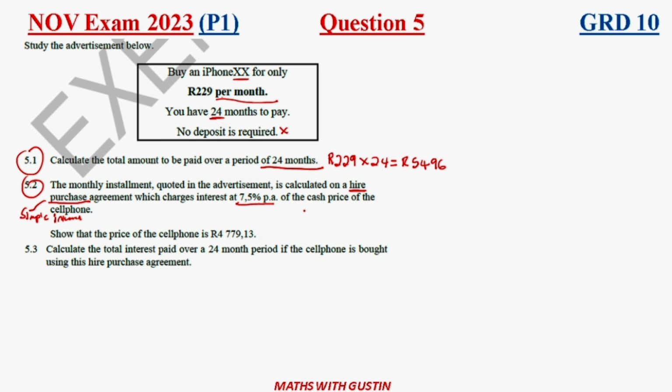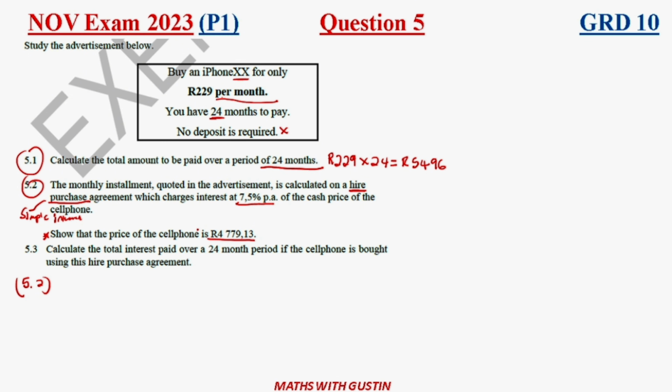Now let's see the question here. It says show that the price of the cell phone is 4,779.13. Let's come right here where there's enough space. 5.2. What are they asking us to find?